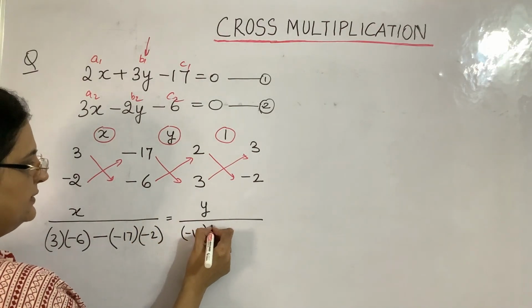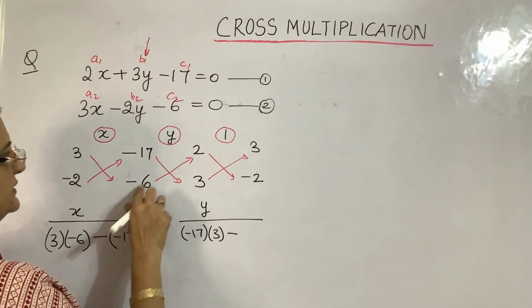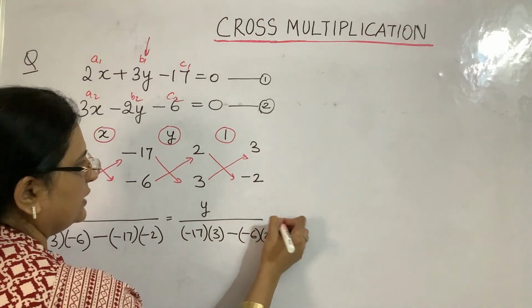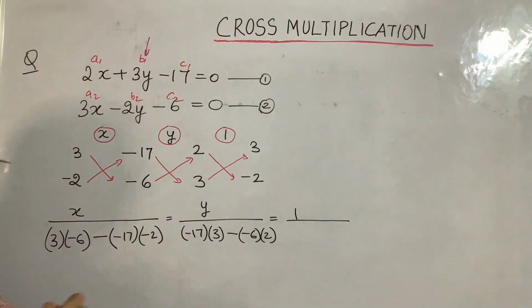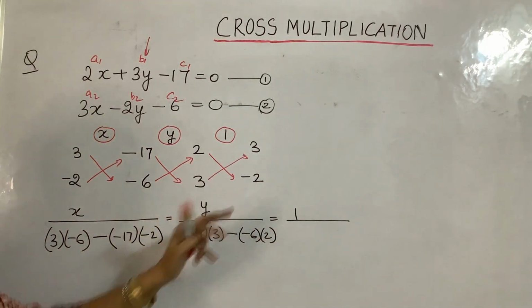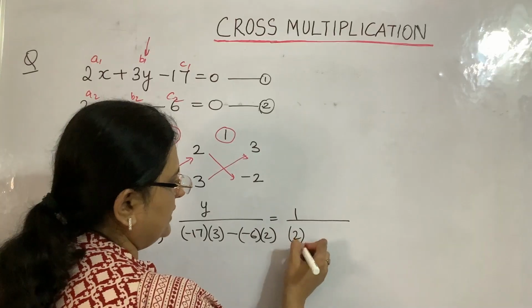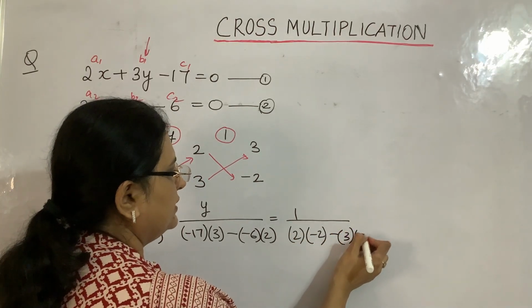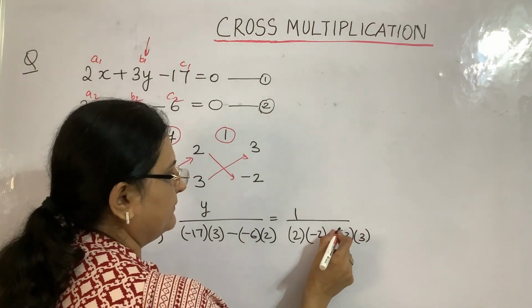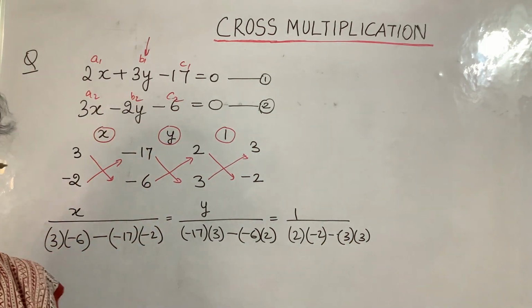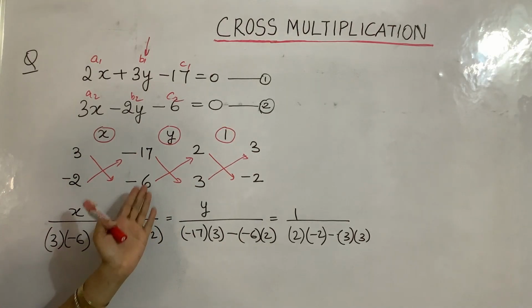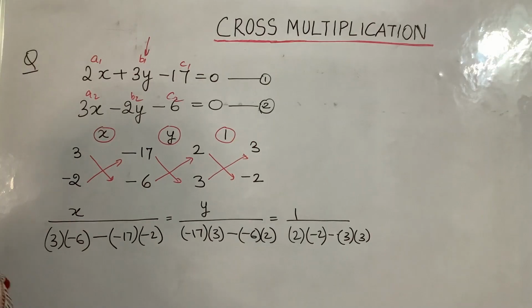Minus 17 into 3 minus minus 6 into 2, is equal to 1 upon, what is this? 2 into minus 2 minus 3 into 3. Okay, I've just simply written this into this minus this into this, this into this minus this into this, this into this minus this into this.